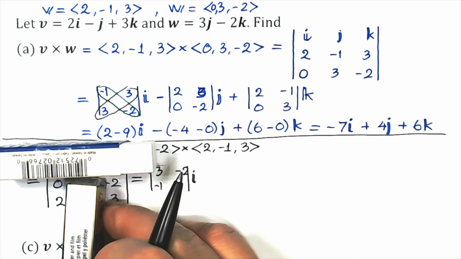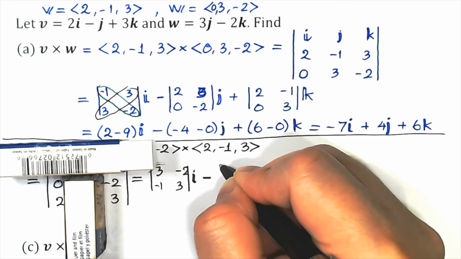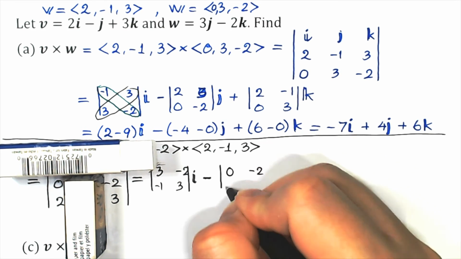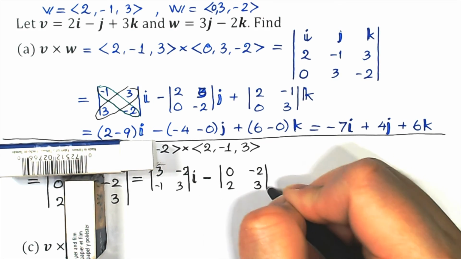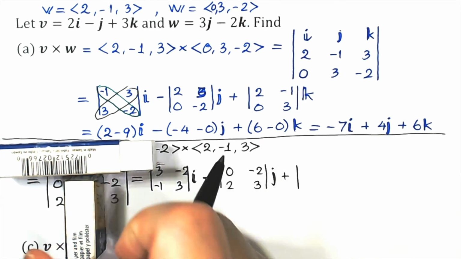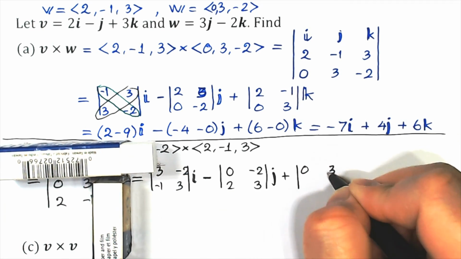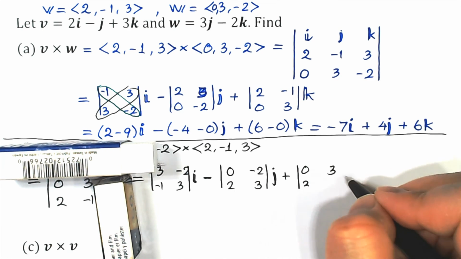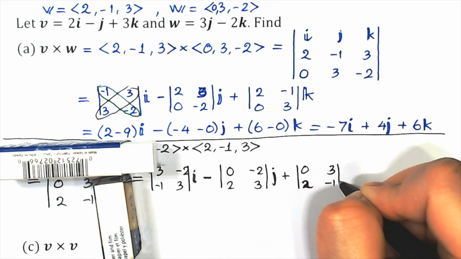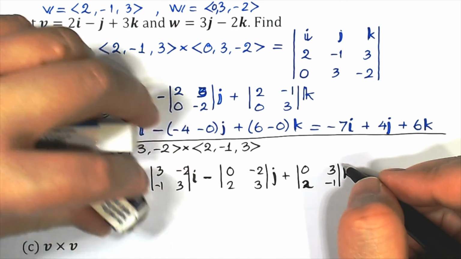For j, it's a minus: 0, negative 2, 2, and 3 for the j direction. And for k, 0 and 3, 2, and negative 1 in the k direction.